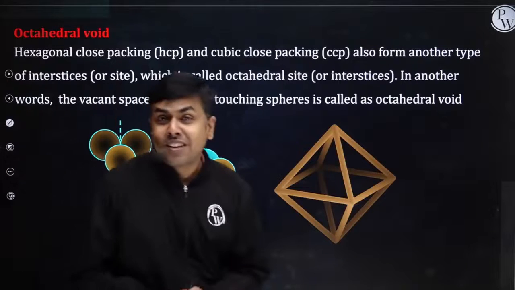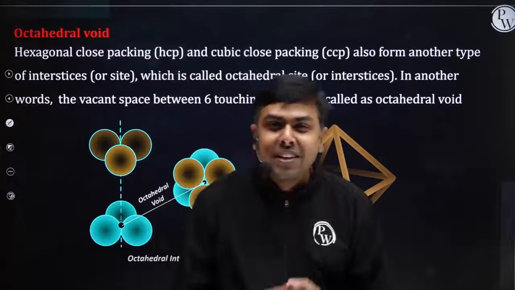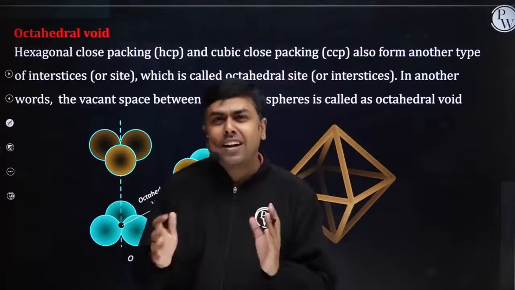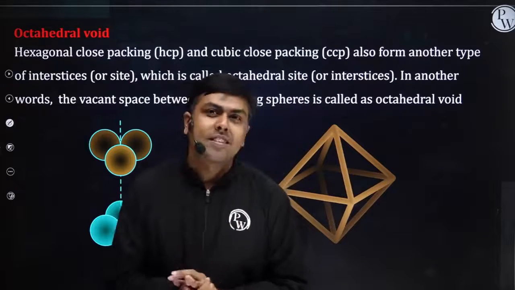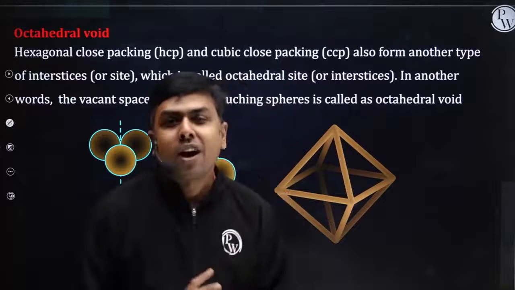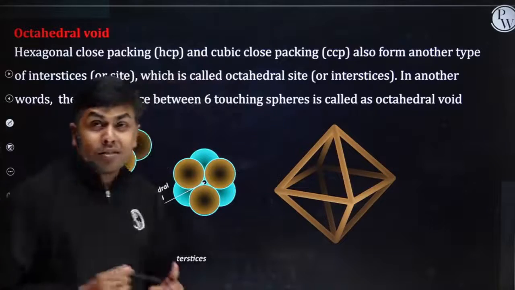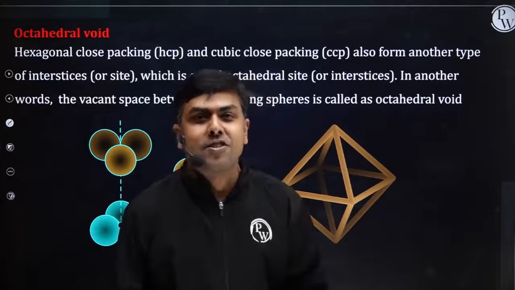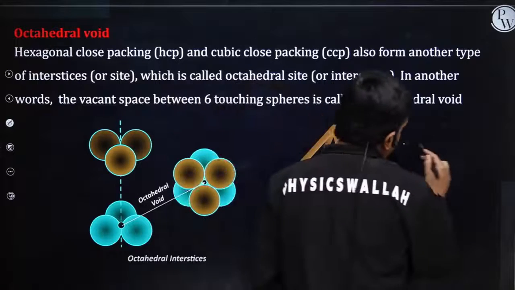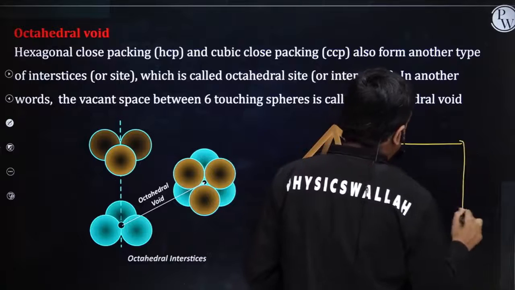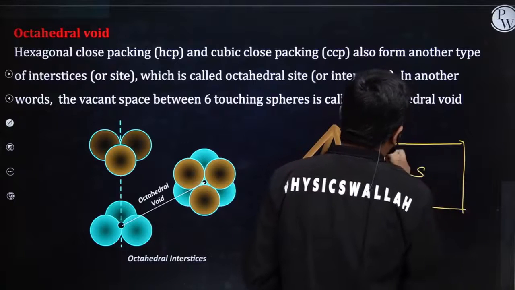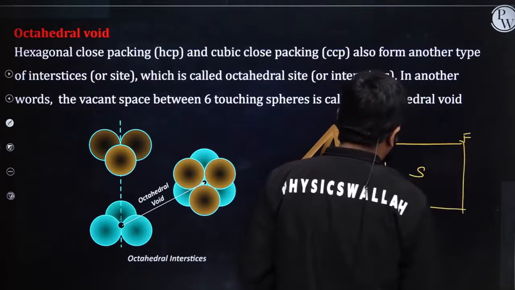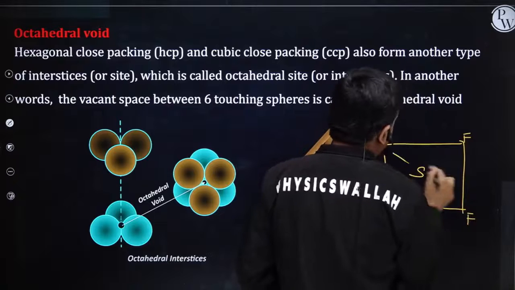Now, octahedral void. Students, just now I was talking about this octahedral void. Now let's have a brief discussion about how it's formed. Students, we have studied chemical bonding, right? And there we have studied octahedral geometry. How do we form an octahedral geometry? SF6, right? Sulfur, with 4 fluorine atoms at the equatorial position.